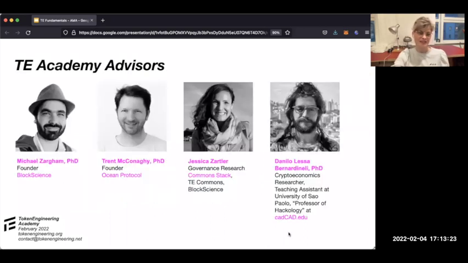And we also have advisors: Michael Sargent, Trent McConaughey, early on in the community, Jessica Sartler working with me on the governance part of the content, and Danilo, our professor of hackology, involved in so many programs so far, and always with great inspiration around making things happen.